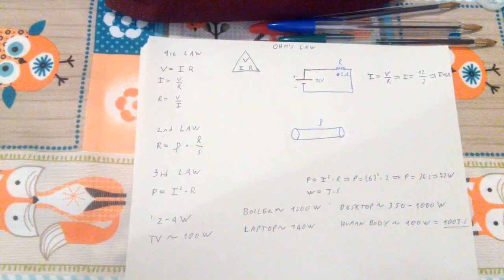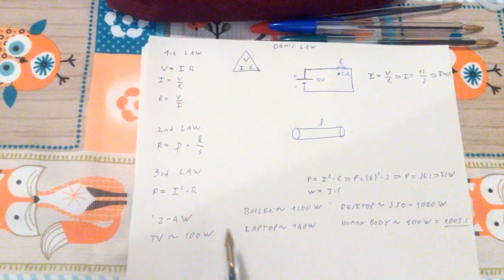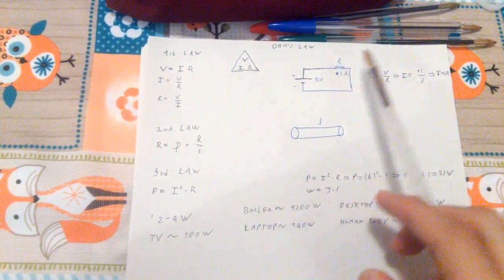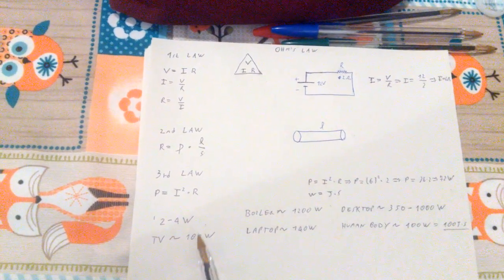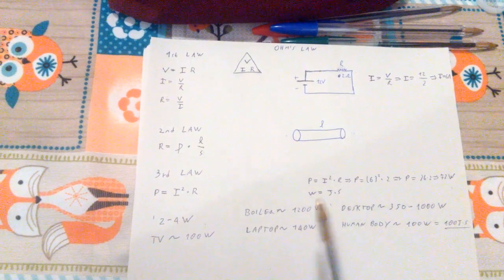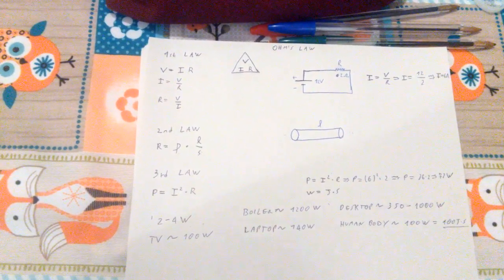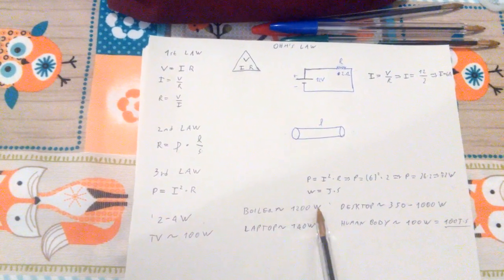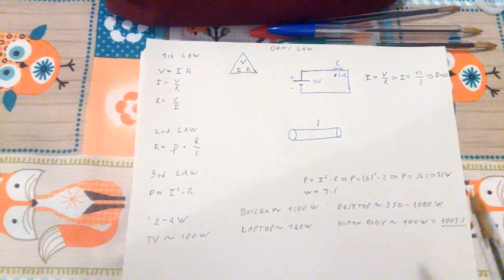So that's pretty much it. I just wanted to tell you, because they're not going to be useful in circuit analysis, since we're going to talk about circuits in this way. But you can wrap your mind around those things and say, oh well, now if I go buy a new boiler, I know that 1200 watts are just joules per second, and they come from Ohm's third law.